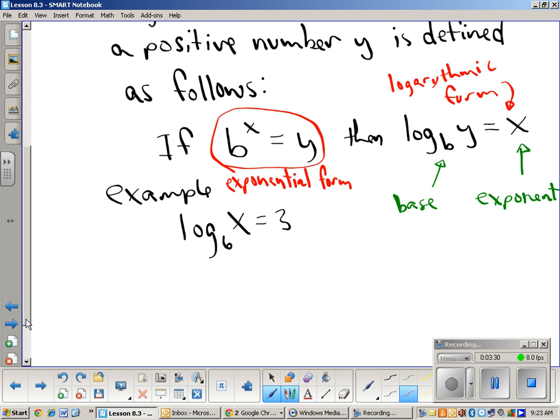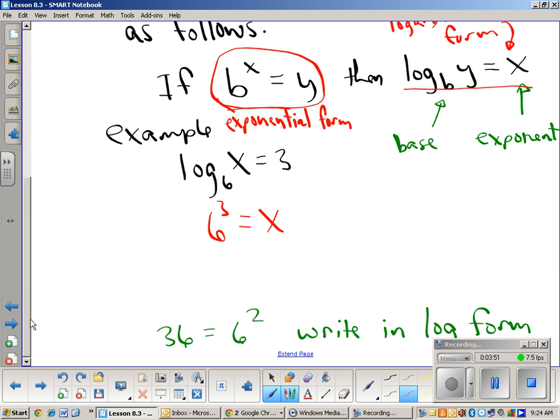We have this form, don't we? And we want to write it this way. So we want to take this and use this rule and write it in exponential form. Would it be 6 to the third equals x? Yeah. And what's 6 to the third? 36. No, 36 times 6, which is 216.